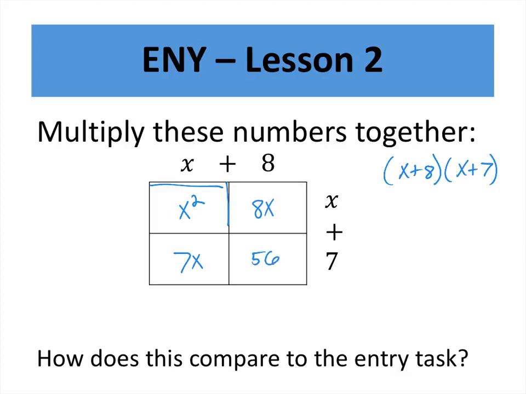So notice that these two values, they're the same order. So we've got an x and we've got an x to the power of 1. So we can combine those. So 8 plus 7 gets us 15.